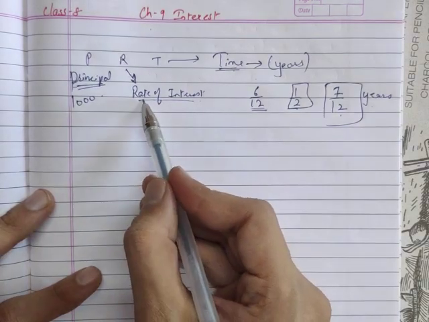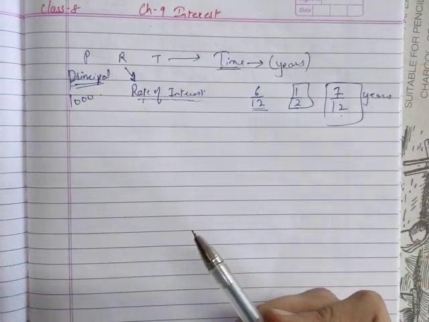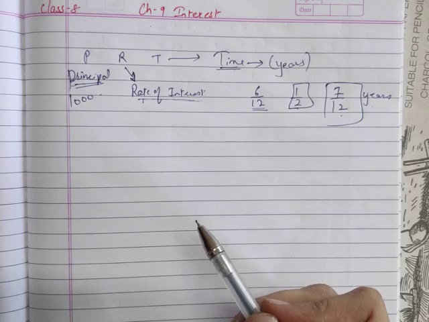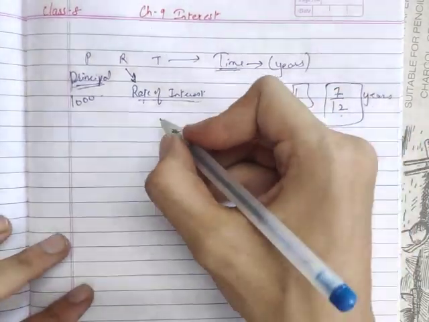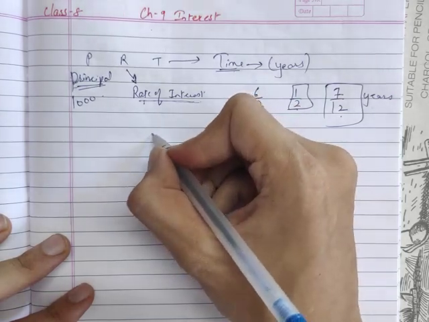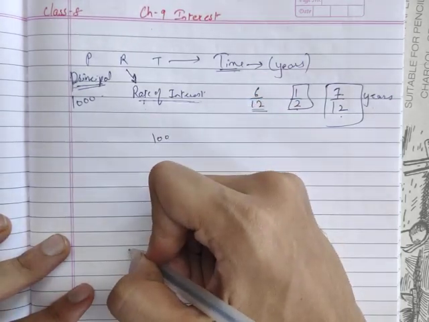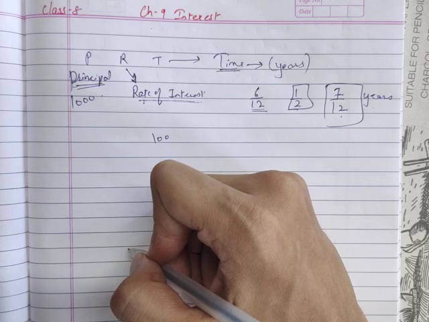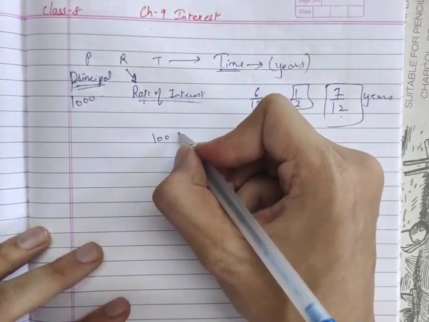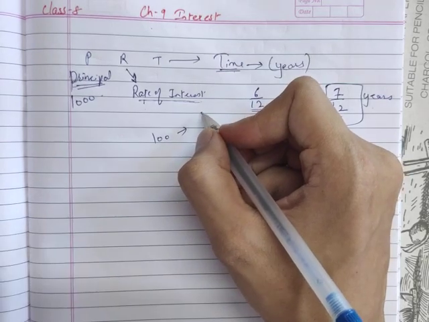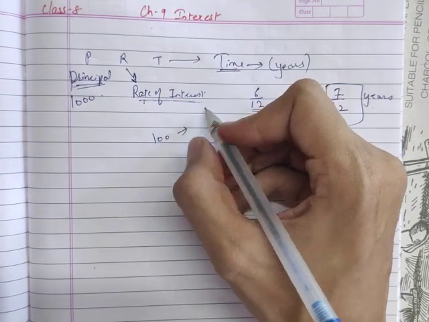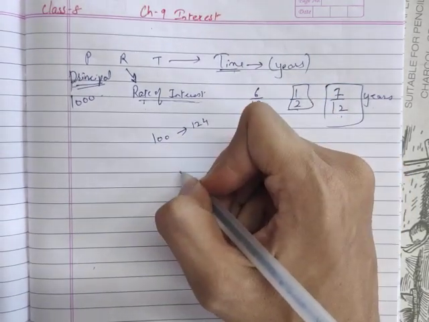Now let's talk about rate of interest. Rate of interest means if you're borrowing 100 rupees, for example, and after 1 year, you're paying, for example, 124 rupees.